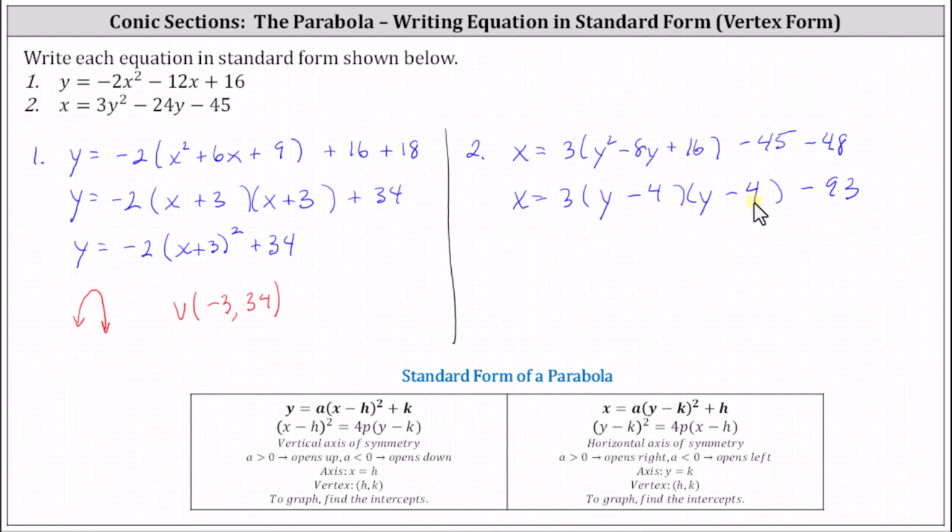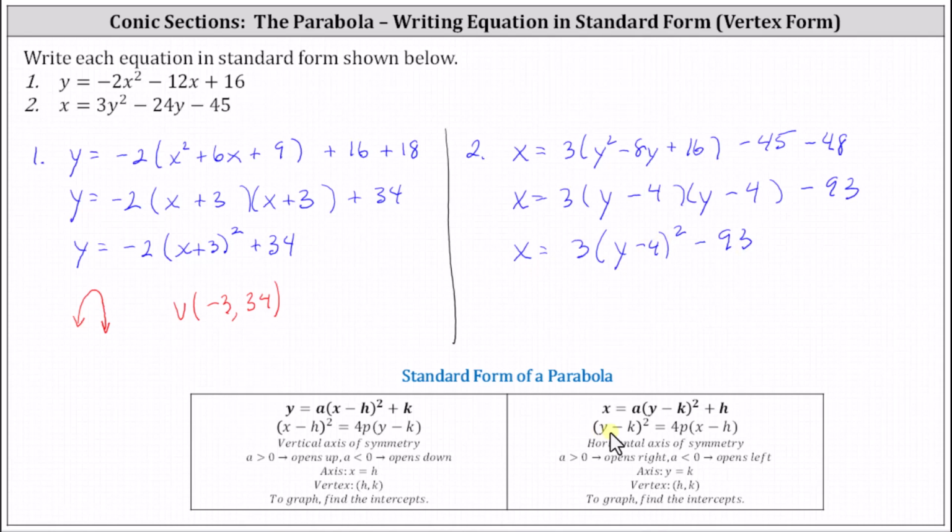Whenever completing the square, we should always have two equal binomial factors. And now to write the equation in the final form, we have x equals 3 times the square of y minus 4 minus 93.